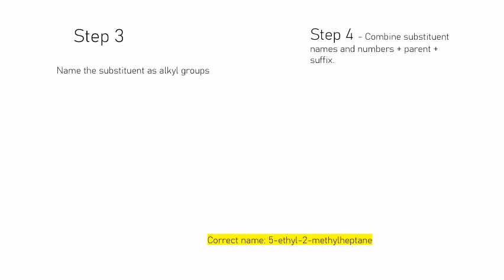We are into the last step. So what I will do, I am going to name the substituents now. Okay, so let us take the previous example. 2, 3, 4, 5, 6, 7, and I have a substituent on the second one, and I have a substituent on the fifth one. Okay, so I'm taking the substituent methyl.